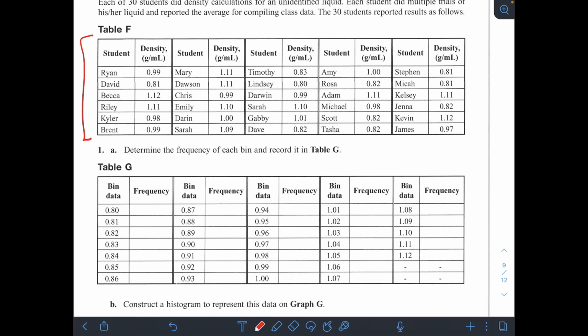Okay, and in fact, there's only 1. Right, so I'm going to put a 1 here. Let's see how many students got 0.83. Let's see if we can find it. So we've got, looks like 1. Let's pick one with a few more. Let's try the 0.81. So we've got 1, let's see, 2, 3. Students got 0.81. Okay, so you're going to go through each of these numbers and determine how many students got that value.